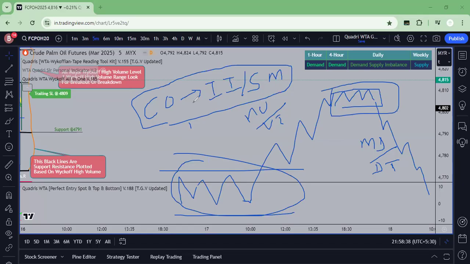So we are on a quest to identify their footprints. If we are able to identify the footprints of smart money, institutional investors, or the composite operator, as Wyckoff referred to them, we would plan a trade.